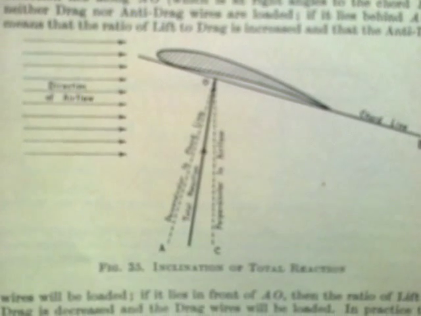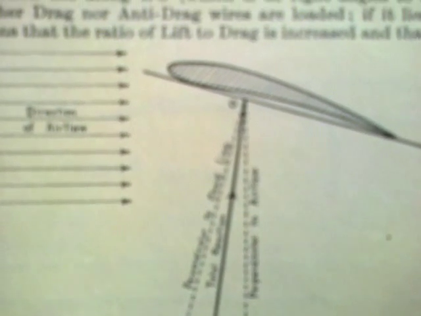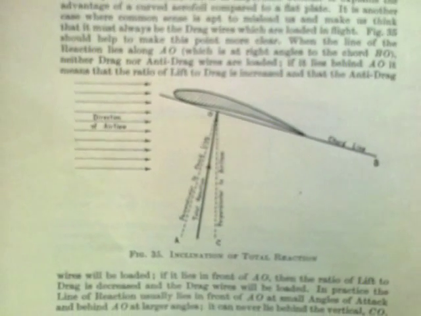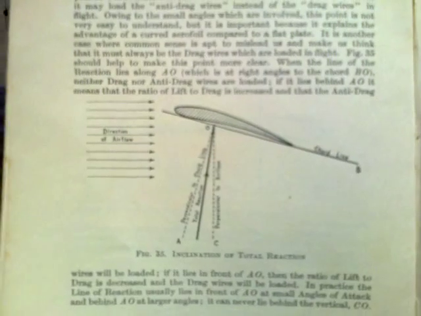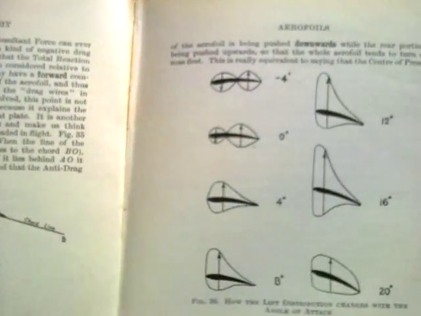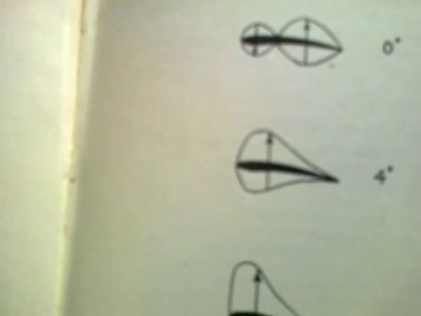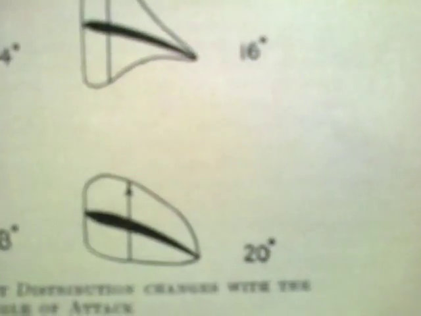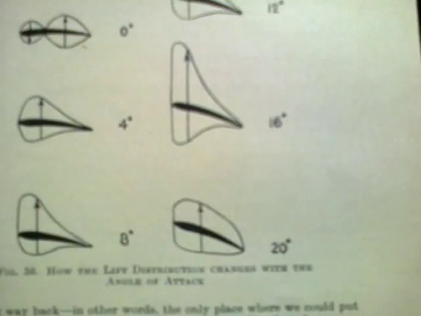Now, this centre of pressure is dependent on the angle of attack of the aerofoil's chord line to the impinging airflow, such that -4 degrees, 0 degrees, +4 degrees, 8 degrees, 12 degrees, 16 degrees, and 20 degrees angle of attack.